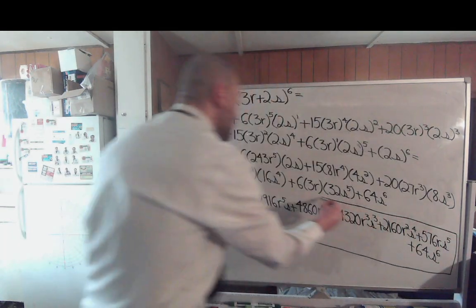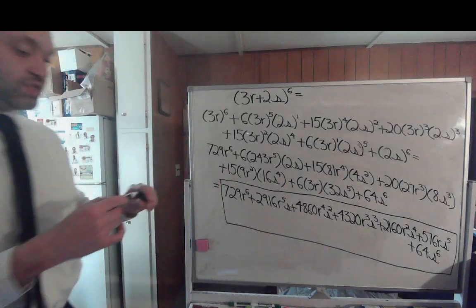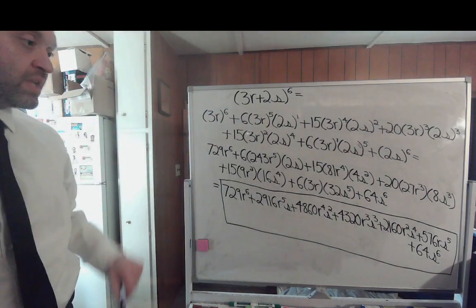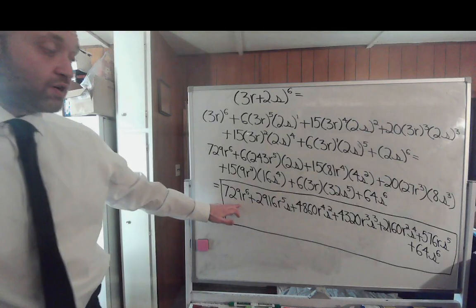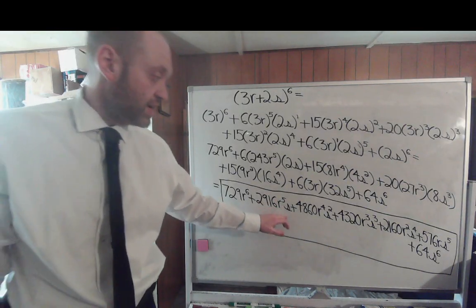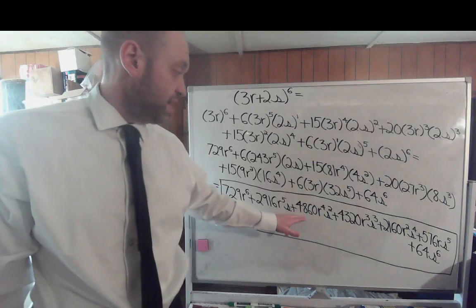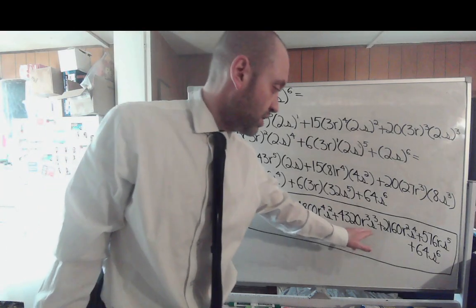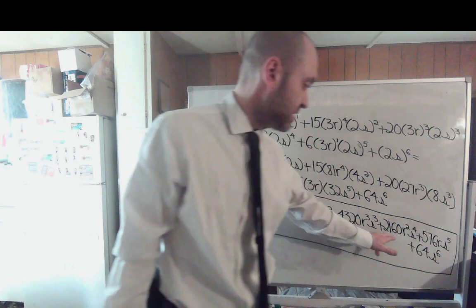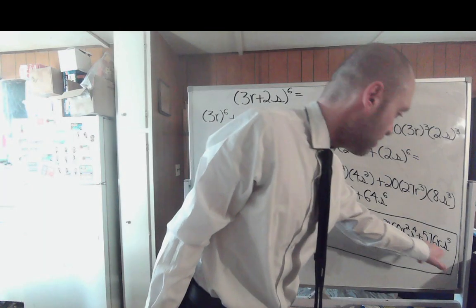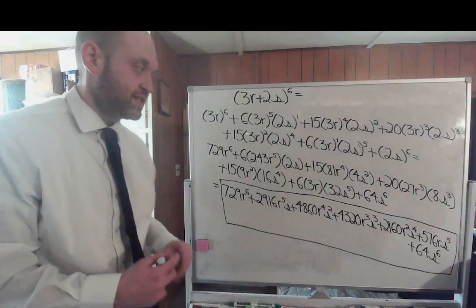So this is the entire expansion of this binomial raised to the 6th power. So the expansion of 3r plus 2s, the quantity to the 6th power, ends up being 729 r to the 6th plus 2,916 r to the 5th s plus 4,860 r to the 4th s squared plus 4,320 r to the 3rd s to the 3rd plus 2,160 r squared s to the 4th plus 576 r s to the 5th plus 64 s to the 6th.